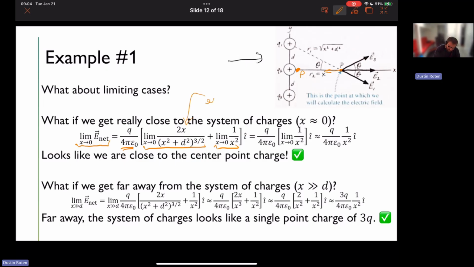So if the function exists there, I can just plug in 0. Now look at what happens. If I plug in 0, I'm going to have a 0 in the numerator. So that term goes to 0. And all I'm left with is the limit of 1 over x squared.